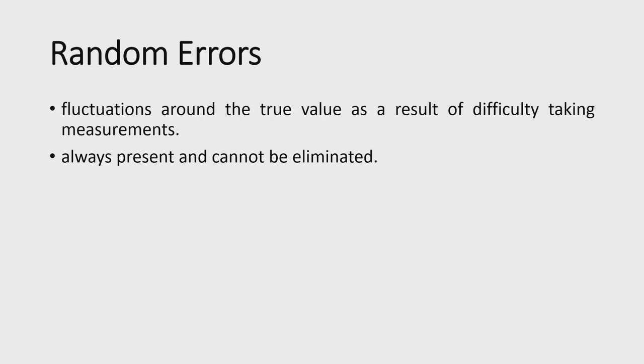We cannot settle for only one measurement for that data to be concluded as a result of this experiment. Instead, sometimes we do 3 trials, 4 trials, or even more than that, just for us to get the accurate result. So random errors are normal, always present, and cannot be eliminated in our measurement.